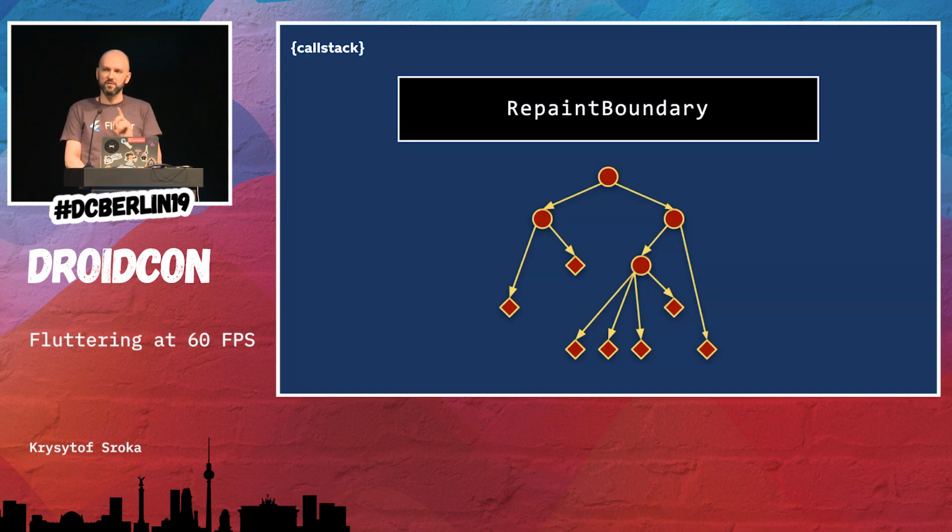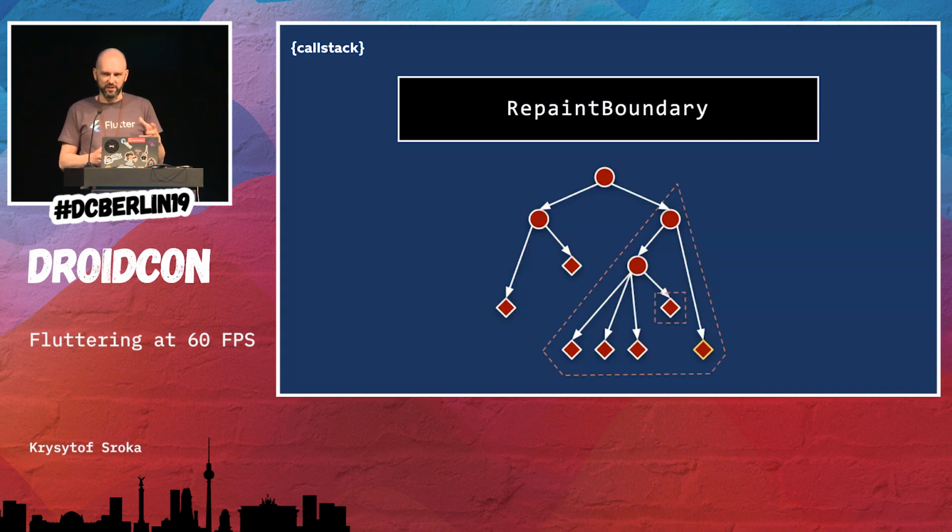This is, of course, a different scenario than when you actually change the layout of elements, so they need to render differently. But in this scenario where just the paint itself changes, we can introduce repaint boundaries. And repaint boundaries guard us from propagating up the tree.